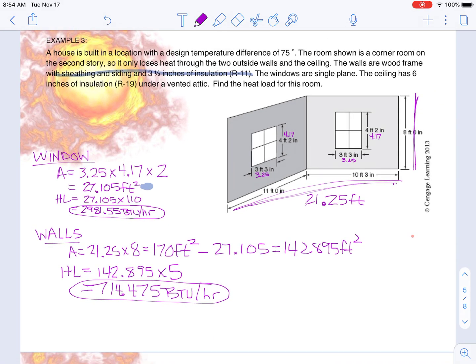Okay, the last thing that is losing heat in this room is the ceiling. Imagine yourself standing in this corner room, and that it would be 11 feet on one side and 10 feet 3 inches on the other side, and you look straight up and the ceiling would be the same measurements.